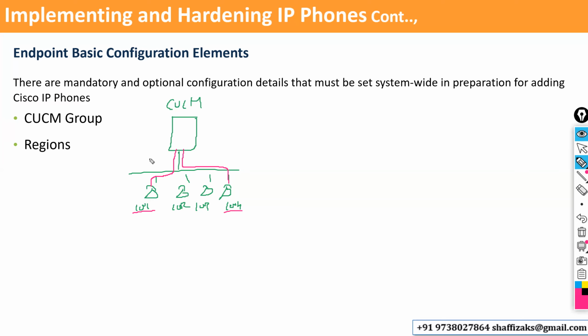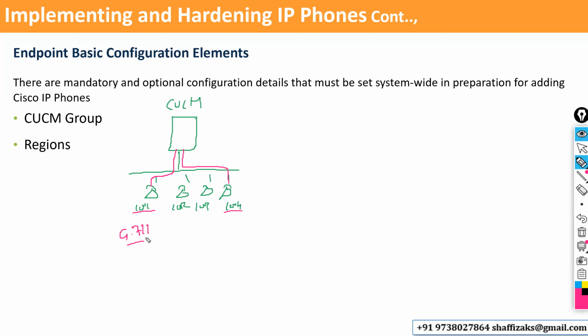Now, when you are communicating internally, within your company, within your organization, CUCM is going to provide the codec. Which codec is it going to provide? G.711. This is the codec it is going to provide. I'm not taking the codec class here, so just understand, later we'll discuss the codec in the gateway part.